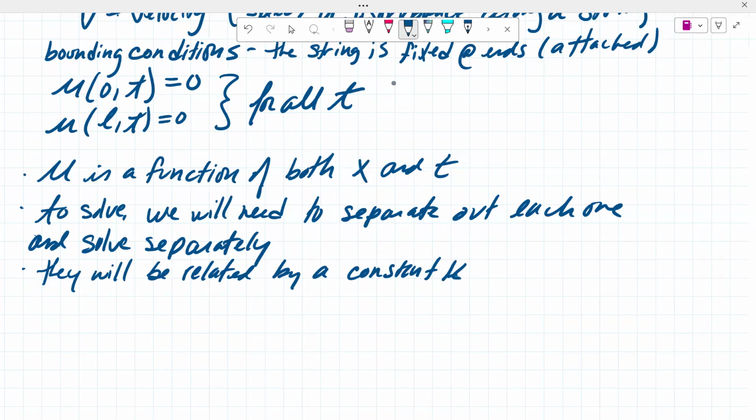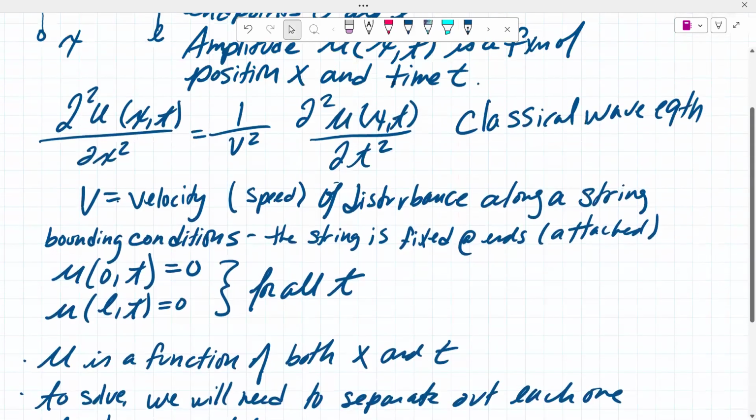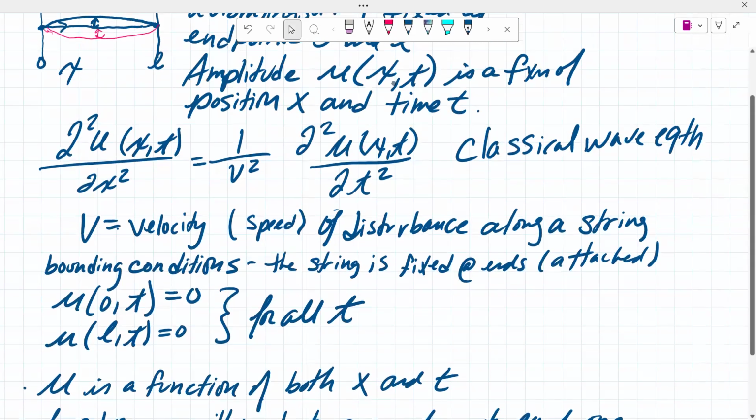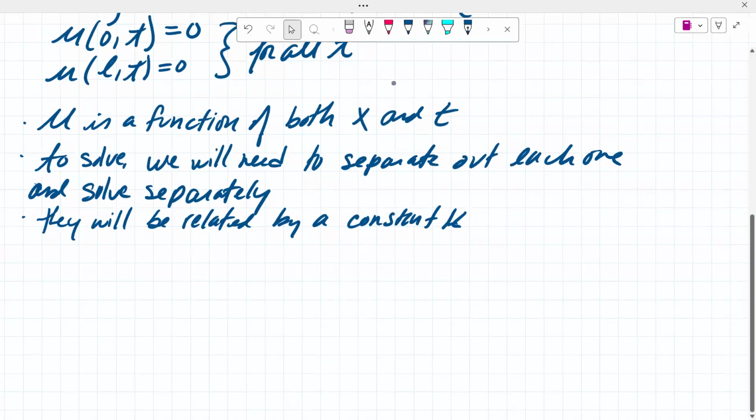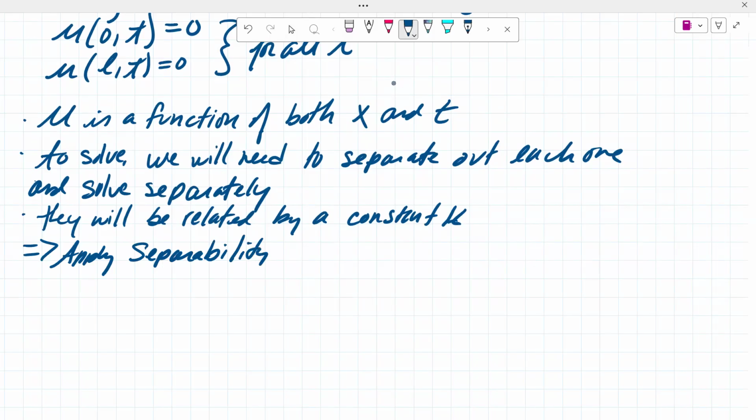All right. So now what we need to do is work on the separability. Here's our equation. This thing up here has two variables, and we cannot solve with two variables using anything we've done before. So next we're going to need to apply separability. So let's do it. Step one.